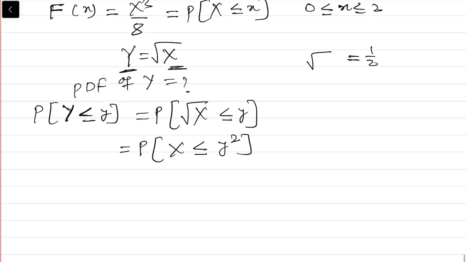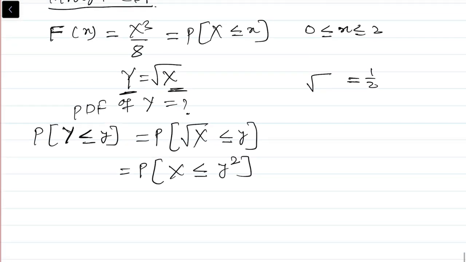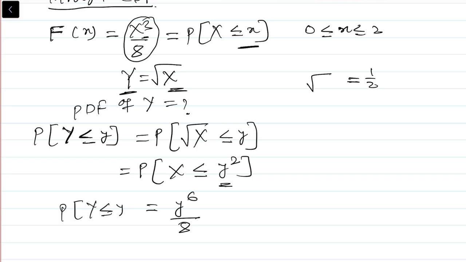Okay, now we know that the CDF of x is x cube divided by 8. So we can replace x with y square. So this is simply y to the power 6 over 8. All right, so we got the CDF of y, that is y to the power 6 divided by 8.